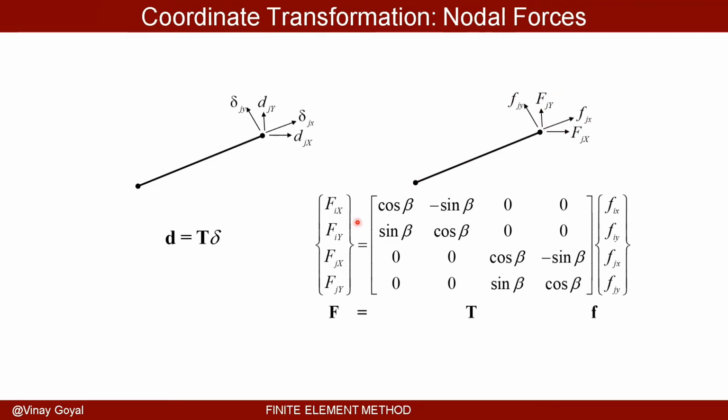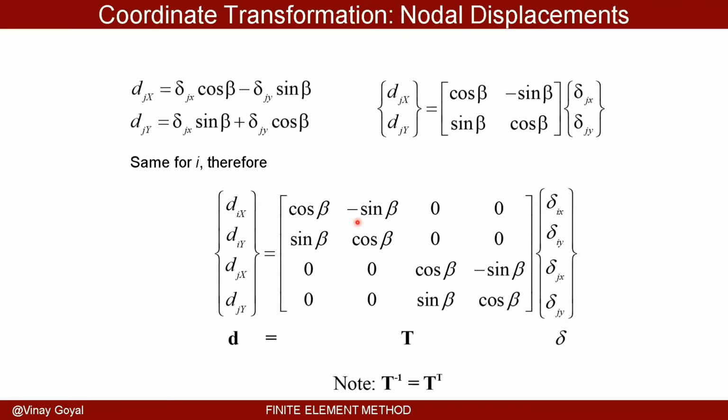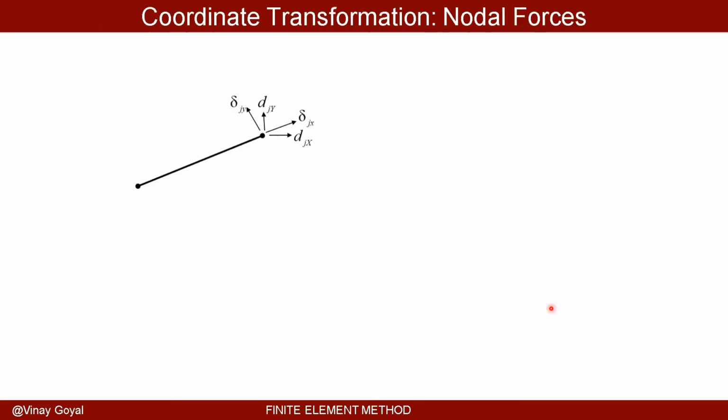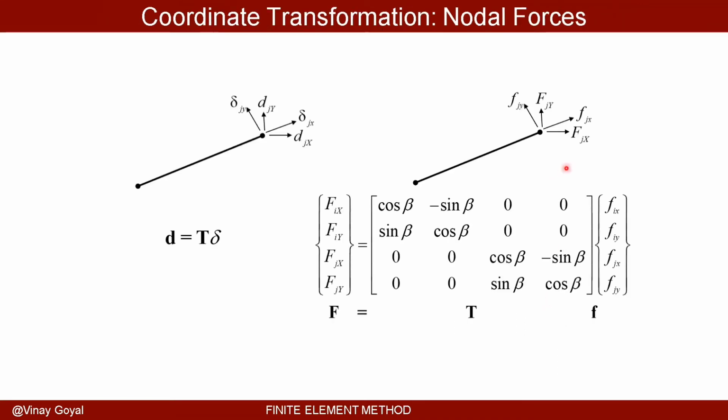So what I've done is taken all this D and made it uppercase F to represent forces. And these dels, I've changed to small f's representing local forces to the element. They're oriented along the element coordinate system. This is T bold again, this is small f bold, and this is big F bold.